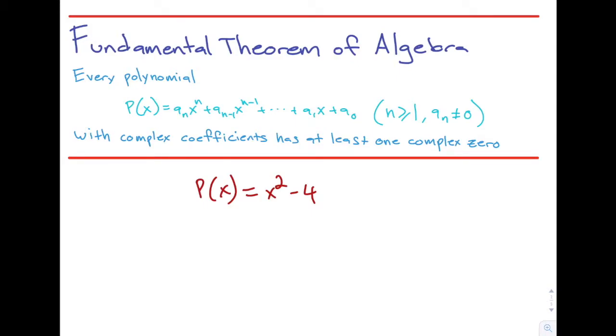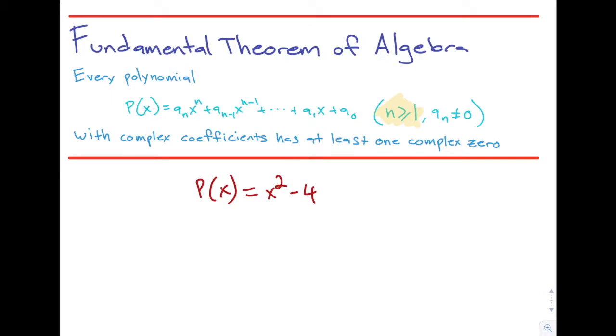So this polynomial p has complex coefficients, and we know that it has at least one complex zero. You should think of the definition mostly in terms of needing at least one complex zero, because we're specifying that n must be greater than or equal to 1, and a sub n must not be 0. So every polynomial has at least one complex zero.